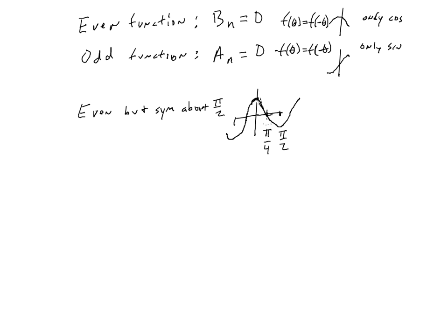Okay? Well, when it does that, it's not only symmetric, but it fits into a very specific form of symmetry. And you could say that your f of pi over 2 plus theta is equal to your f of pi over 2 minus theta. And so, of course, since it's even, it's going to be only cosine.